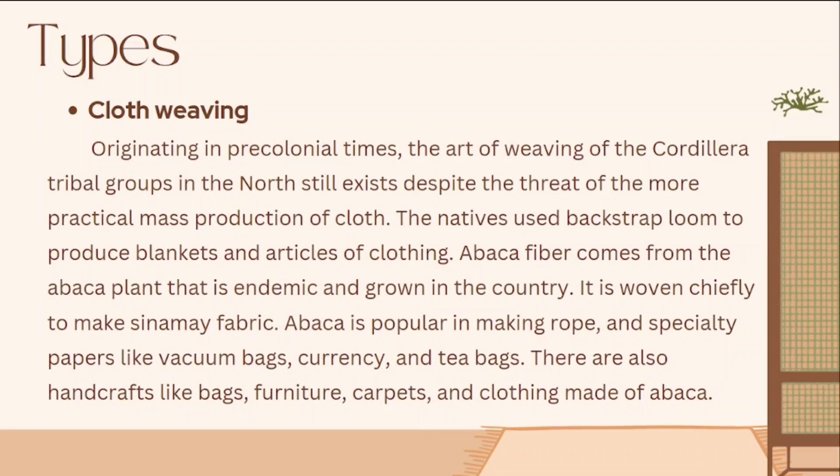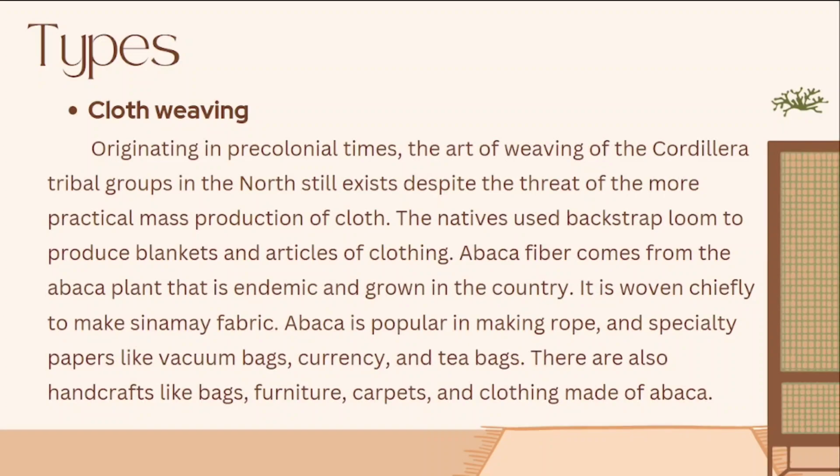Abaca fiber comes from the abaca plant that is endemic and grown in the country. It is woven chiefly to make sinamay fabric. Abaca is popular in making rope and specialty papers like vacuum bags, currency, and tea bags.